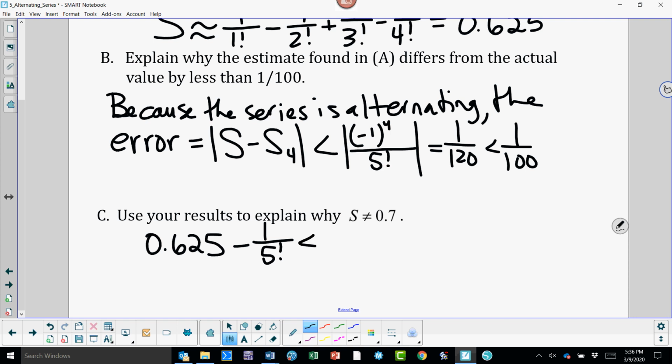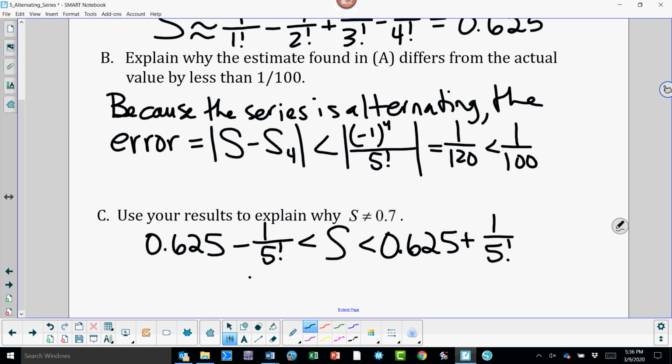So my actual sum is somewhere in the middle of my estimate, 0.625, either minus that or plus that amount of error. That's the most that I can be off at all. I can't be worse than that.